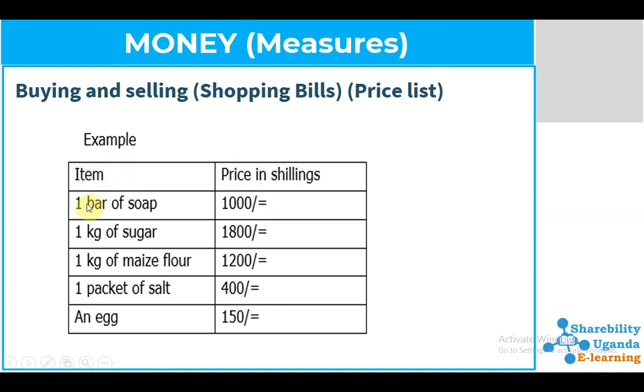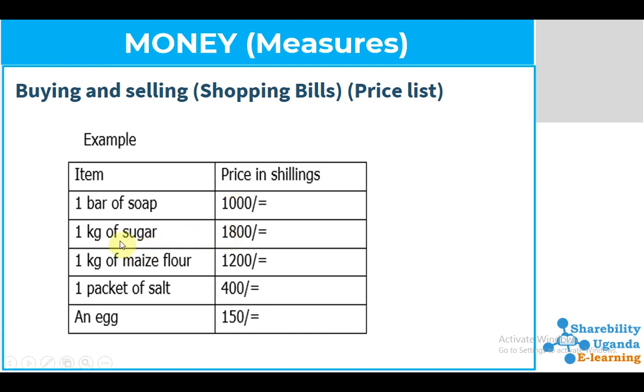They are saying 1 bar of soap, its price is 1,000. Please do not comment basing on the current prices.